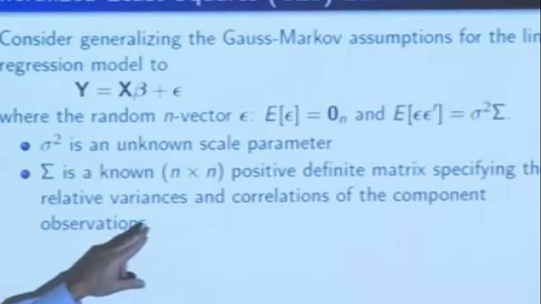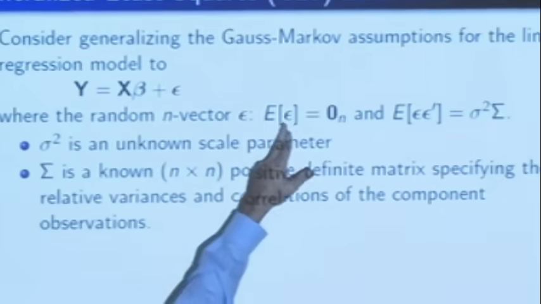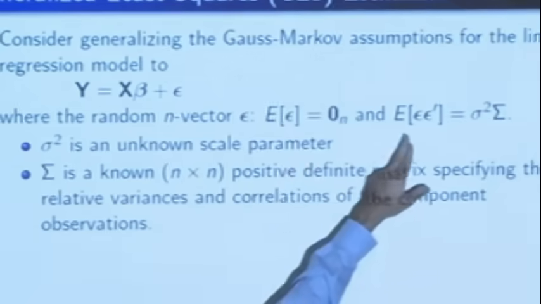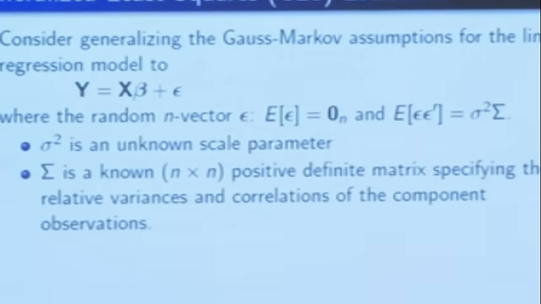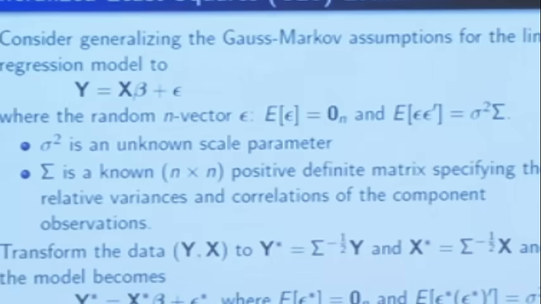The only difference is the expectation of the residual vector is still 0, but the covariance matrix of the residual vector is sigma squared, a single parameter, times, say, capital Sigma. And we'll assume here that this capital Sigma matrix is a known n by n positive definite matrix specifying relative variances and correlations between the observations.